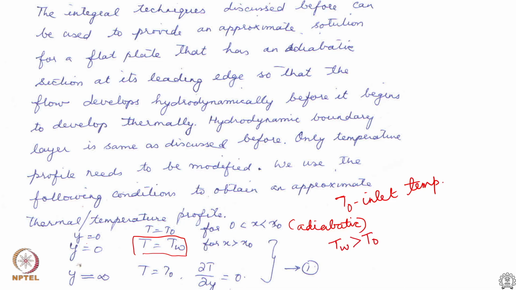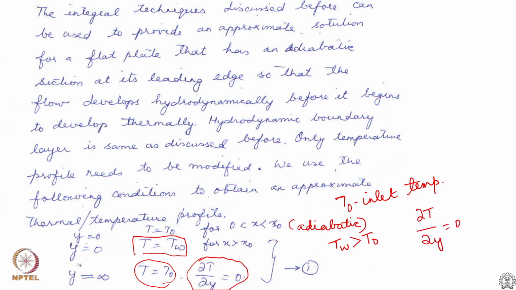T wall can be less than T naught in case of cooling applications, but here we are talking about heating applications. At y equal to infinity, if you treat this as a semi-infinite plate, the temperature beyond the boundary layer is going to be the same as the ambient temperature, and you can easily derive the condition that the partial derivative of temperature with respect to y at that point is going to be 0.